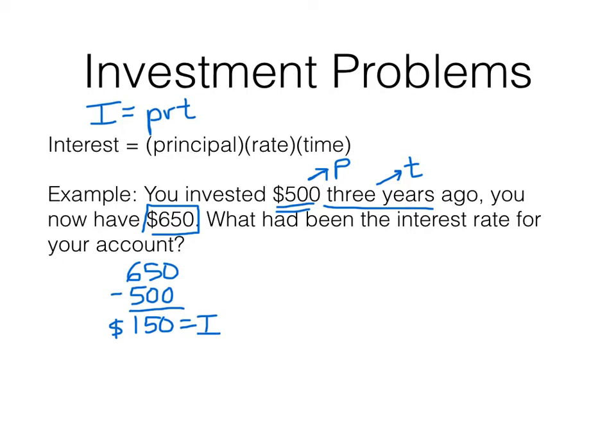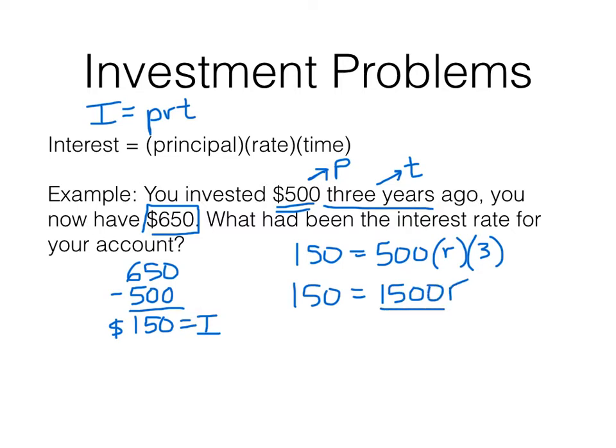So I equals PRT, we're going to plug these values into the equation we have. I for interest, that's 150, is equal to the principal, 500, times the interest rate, we don't know, so R, times the time, which is 3. And now I'll solve the equation that results. So this is really more using a formula than writing an equation, since you already have the equation written for you. So that's 150 equals 1,500R, and we can divide both sides by 1,500.